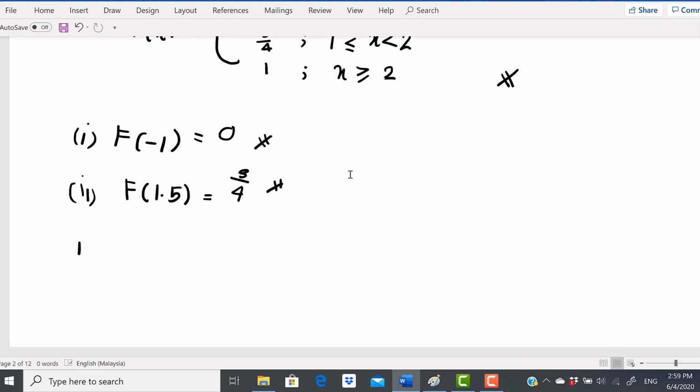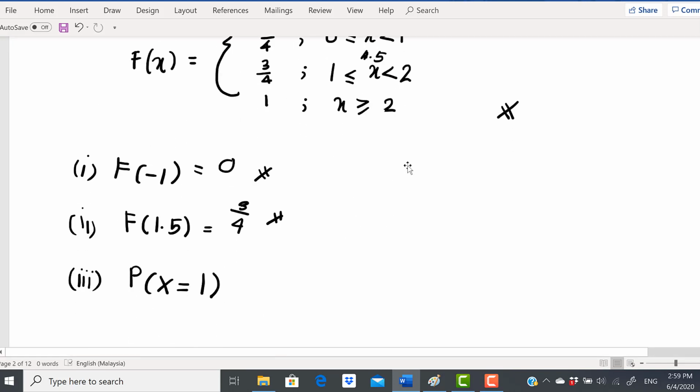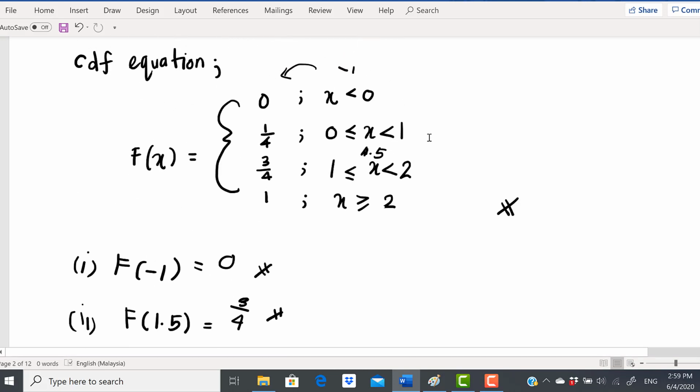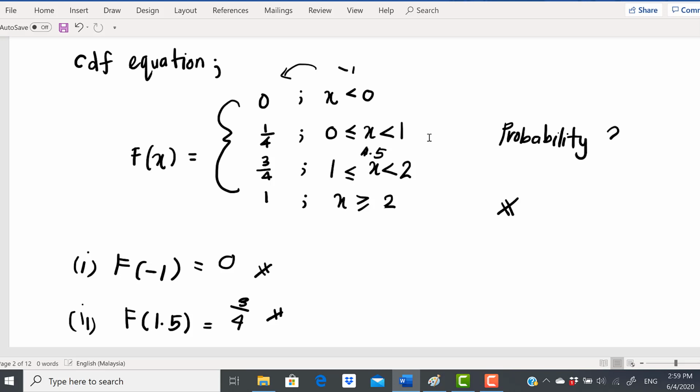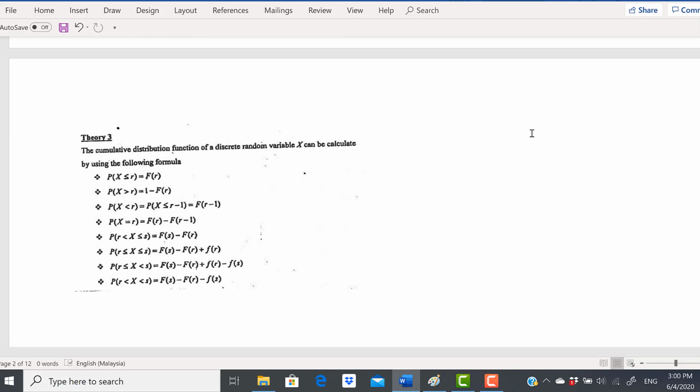Now, what if the question asks you what is the probability when x equals 1? Now we want to calculate the probability, P, from the CDF. How to calculate the probability from the CDF? To calculate the probability from the CDF, you must use the theory tree.